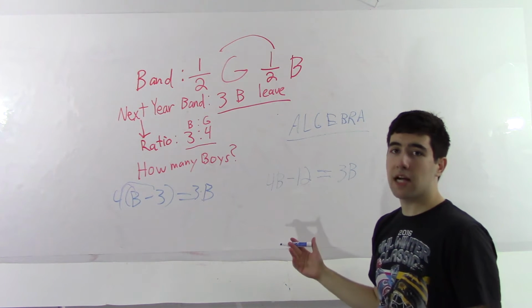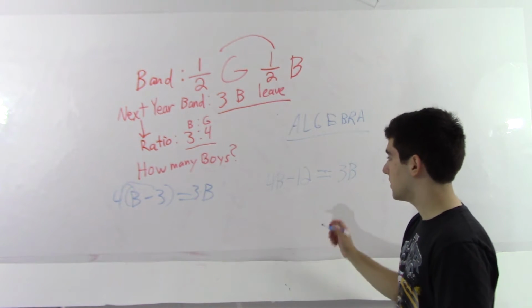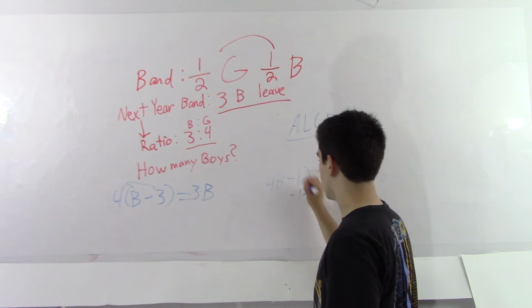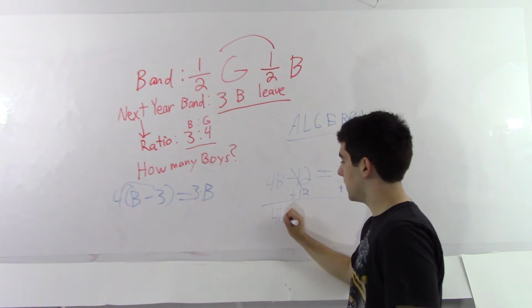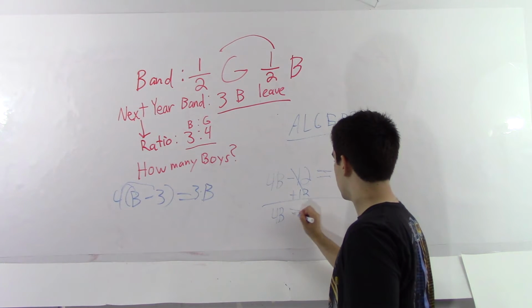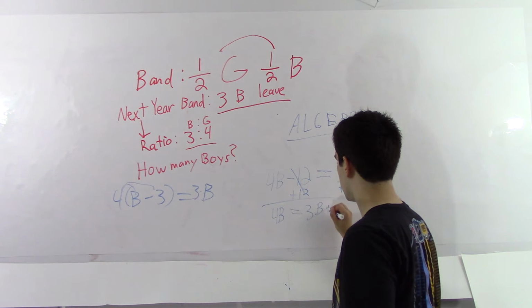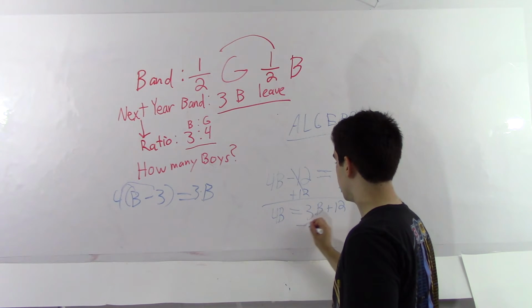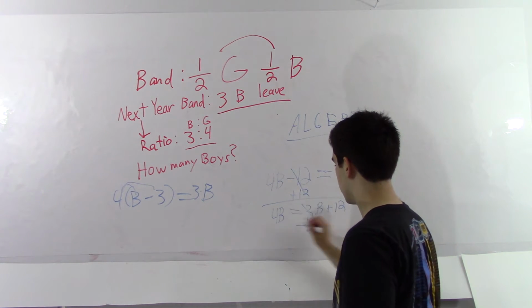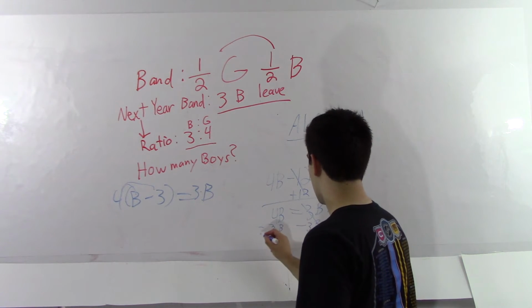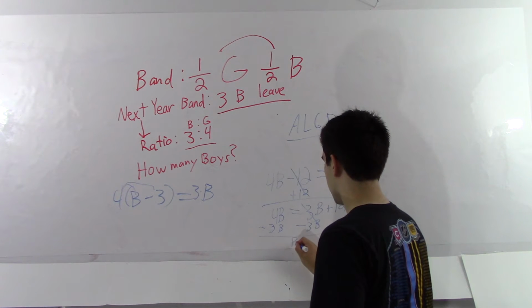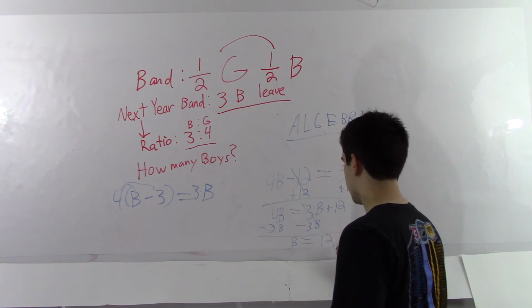Now we're just going to combine like terms and isolate the variable. I'm going to add 12 first to each side, and I'm going to get 4b is equal to 3b plus 12. Subtract 3b to get all the b's on one side, and we get b equals 12.